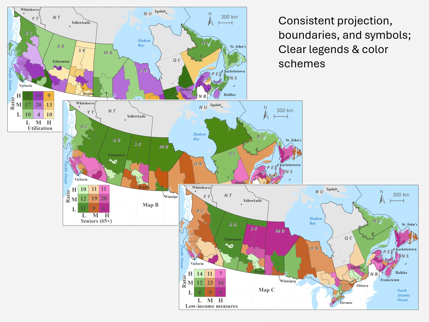In this example you can see the consistent projection, and the boundaries: the national and provincial boundaries, and then the health region boundaries. Those are consistent. The legend is clear, and there is an interpretation in the caption. The color scheme is also meaningful, as the shade tells you whether the situation is better or not based on the indicator.